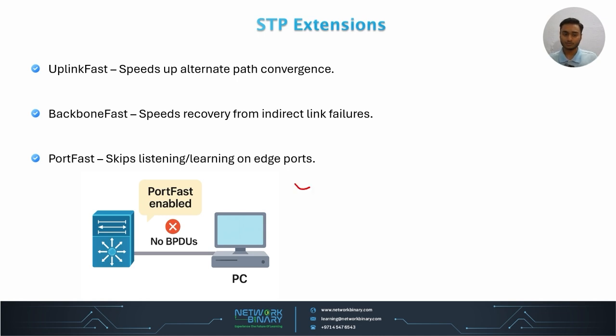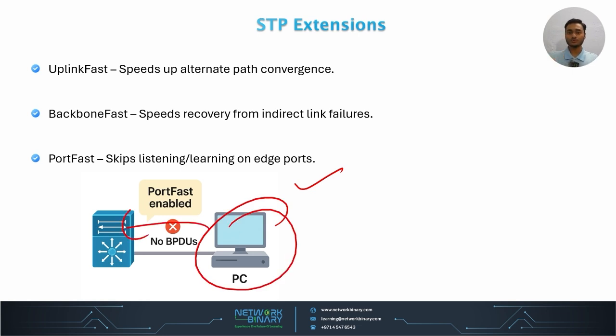What exactly is PortFast? PortFast is used for getting edge ports up in seconds. If you have your system connected to your switch, you don't want to wait 30 seconds or 15 seconds in order to get an IP address.